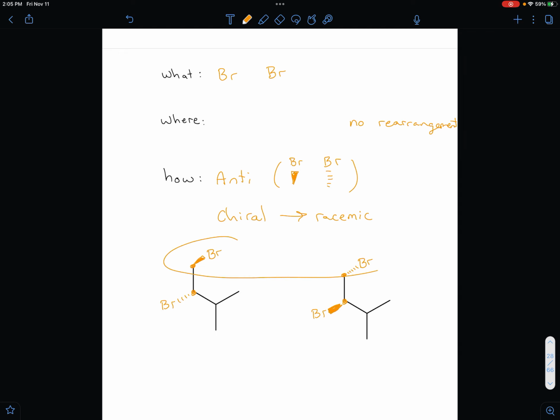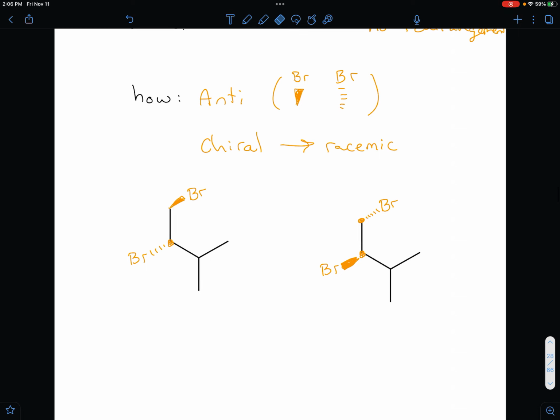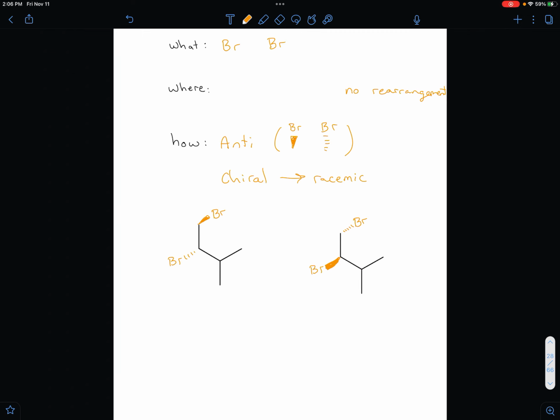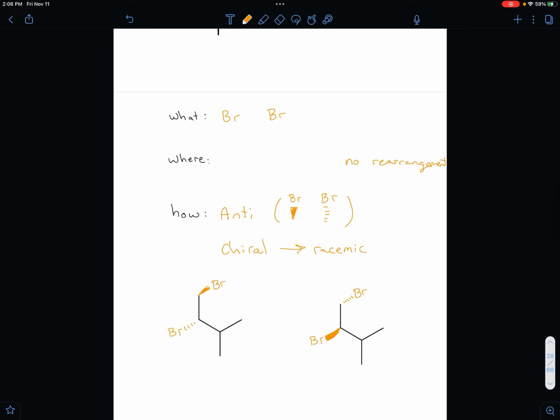Now, because the top carbon is not chiral, you really don't have to put the solid wedges or dash wedges to that top carbon. That's just extra information. But just so you can see that they're anti, I'm going to include that in this video. What is very important, what is essential, is that you have both of the enantiomers at the chiral center. So those are your 2 products for this particular reaction.